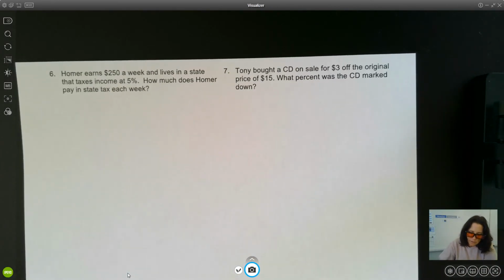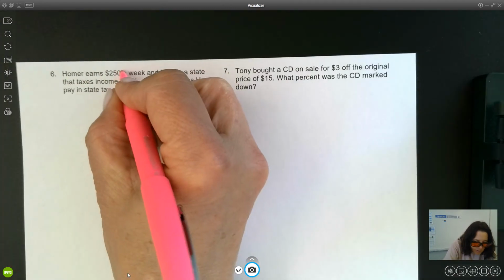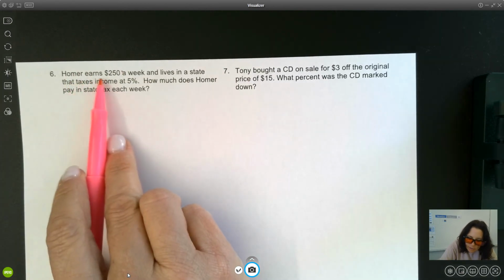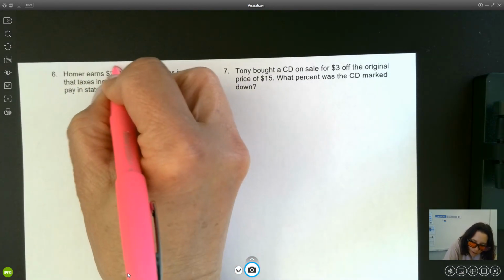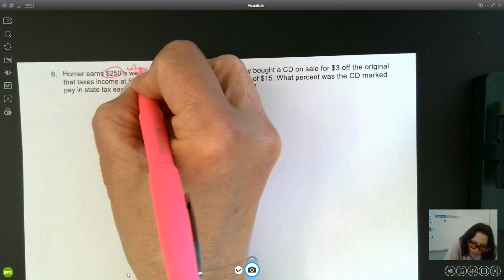Homer earns $250 a week and lives in a state that taxes income at 5%. How much does Homer pay in sales tax each week? All right, so the 250 is a part. Sorry, hang on. Earns 250. No, that's a whole. This is the whole.